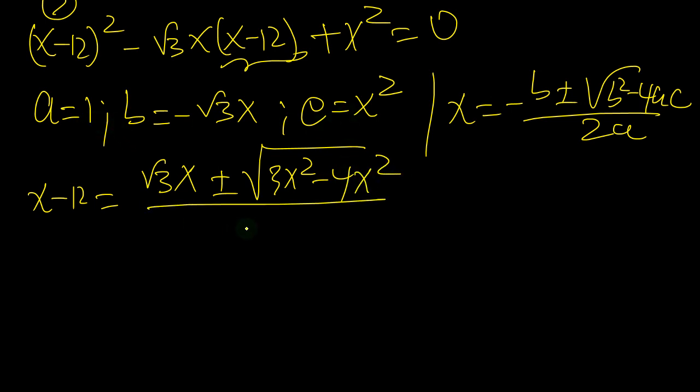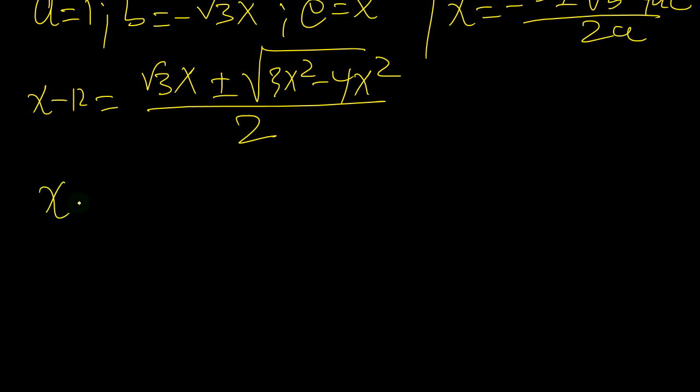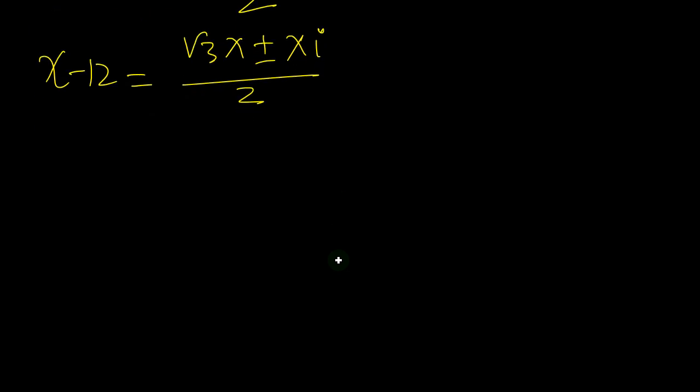And then this is divided by 2a, which is 1, so this is 2. So here we're going to have x minus 12 equals square root of 3x plus or minus, we're going to have negative 1 here, negative x squared, so we're going to have xi, divided by 2.